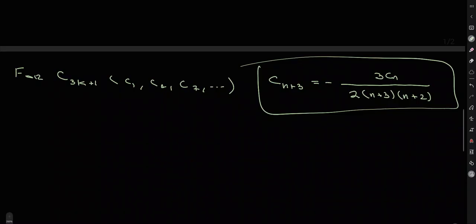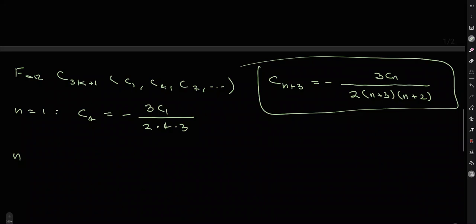So that's going to be n equals to 1. I'm going to start at n equals to 1 this time. That's going to give us c sub 1 plus 3, which is c sub 4, equals to negative 3 c sub 1 divided by 2 times 1 plus 3, which is 4, times 1 plus 2, which is 3.